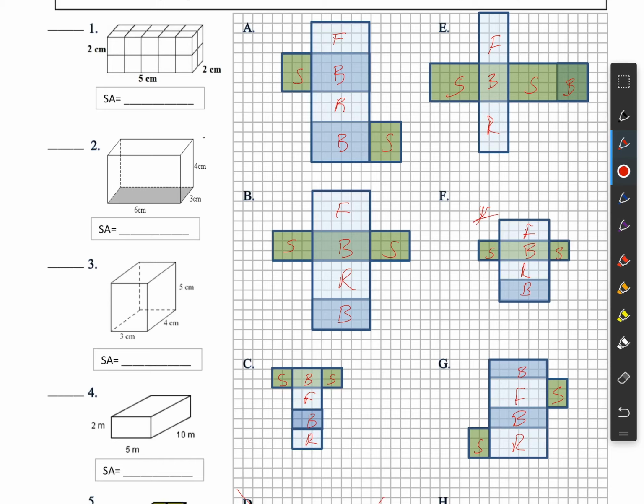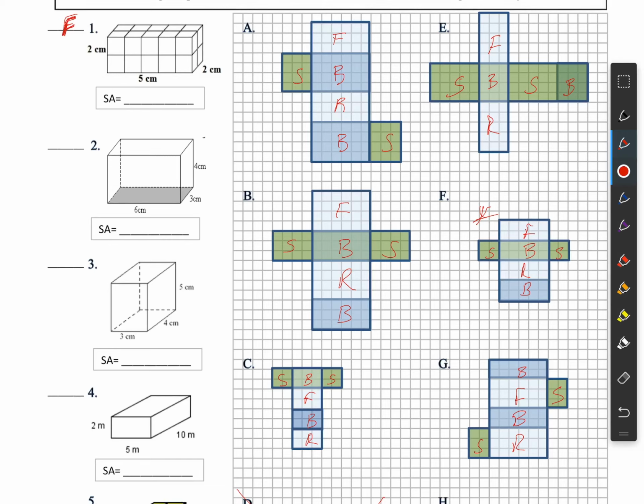So in addition to having a base of 5 by 2, the sides are 2 by 2, and the sides for F are also 2 by 2. And then finally, we look at the top and bottom, the front and the rear, and those are also 5 by 2. All right, so that is definitely a match. So for number one, F is our corresponding net.